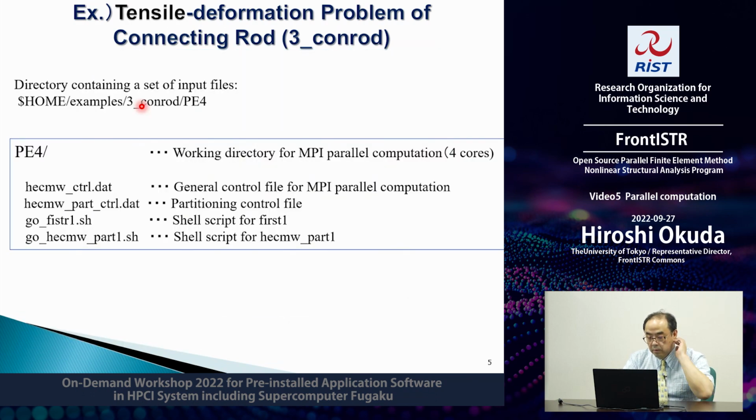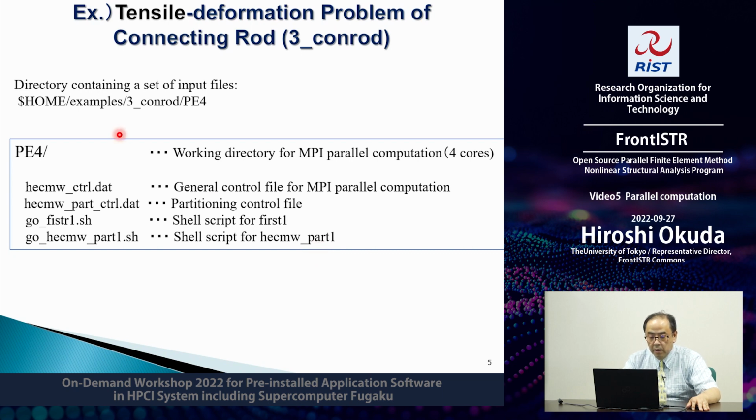So when you are going to do the parallel computation, you have a small difference from the previous sequential computation. The difference is that you need to have the control file of the partitioning, also the shell script to run the partitioner.